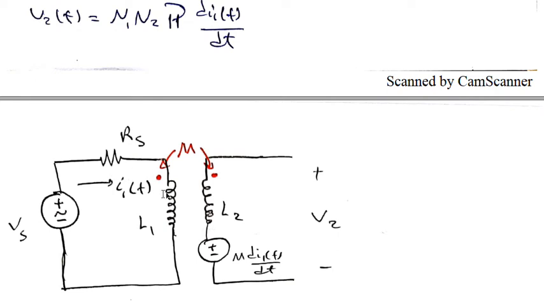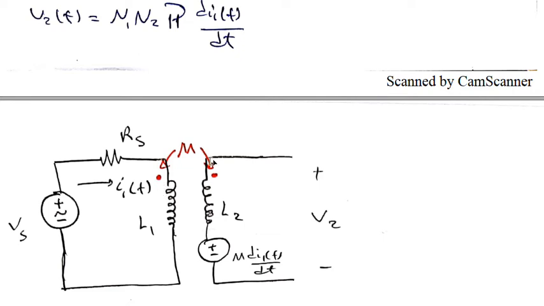It is coming right this way, and as we can see here, the current is entering from the terminal which has a dot.